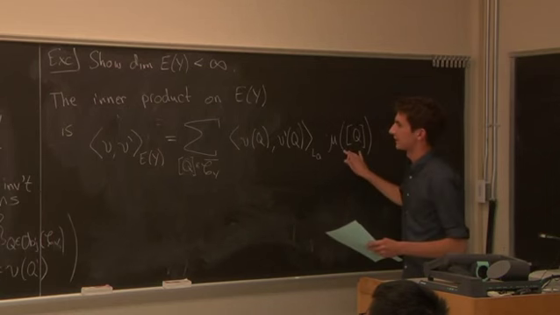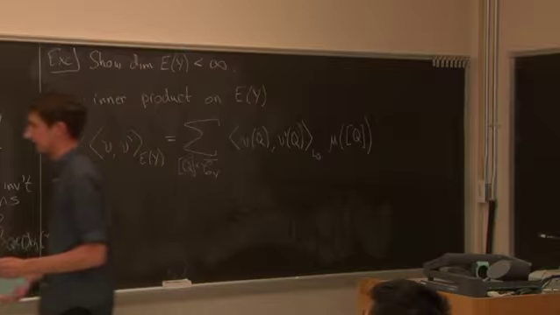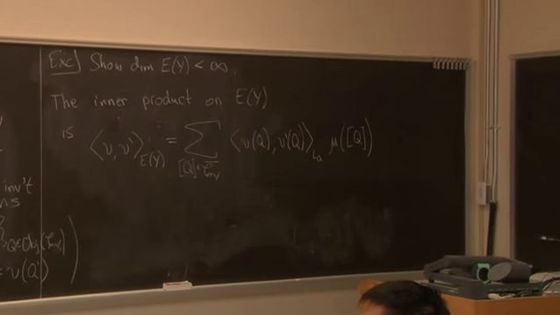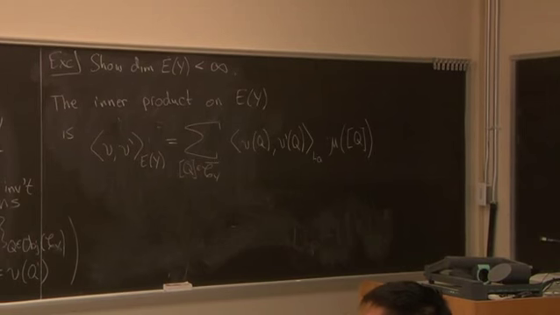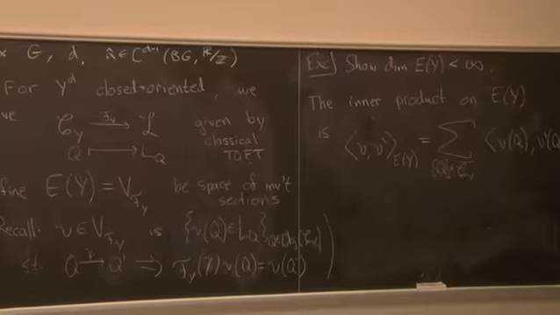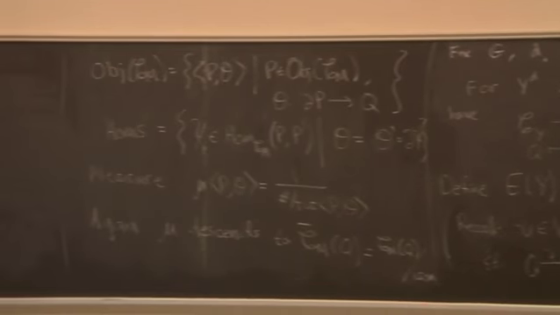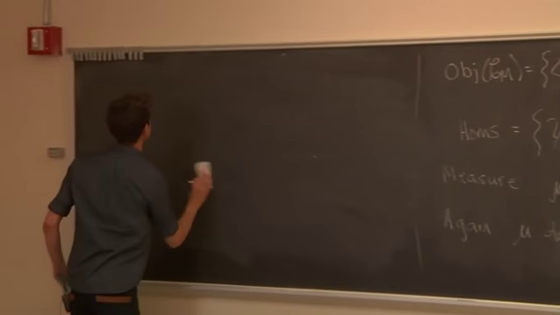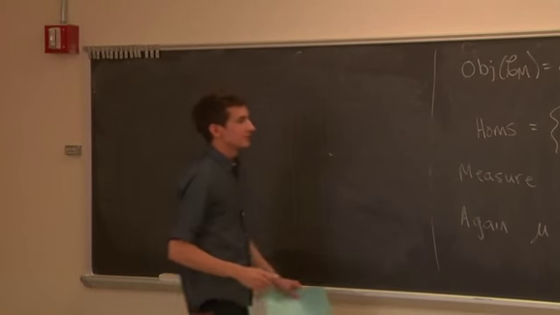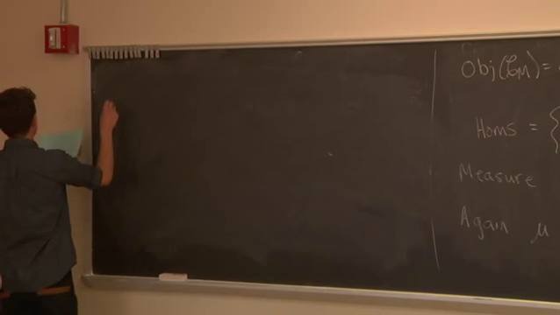The reason we weight this by the measure is that this is supposed to mimic the L2 norm. And so that ends up looking like integration. So that's the inner product space we associate to closed-oriented D-manifolds.